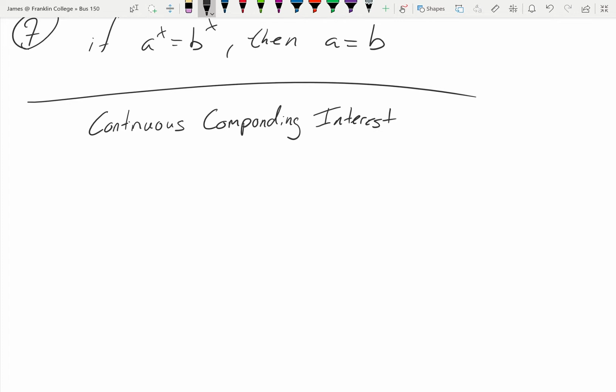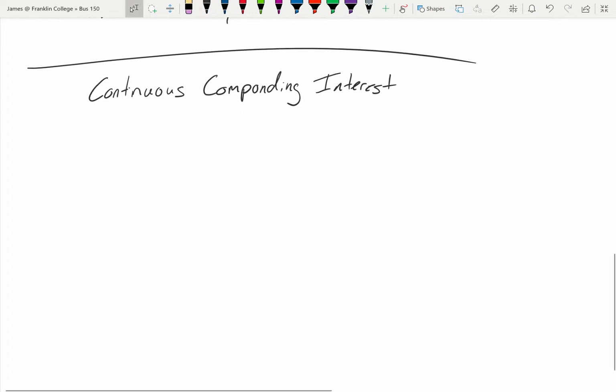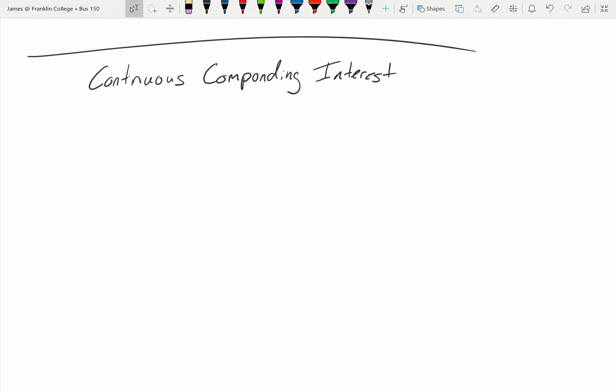So this is a situation where we put money into the bank, and maybe into an account, and that account is going to accrue interest over time, and over time the interest that was accrued in previous time periods is going to accrue interest as well, and we are going to be continuously compounding the interest that we're earning. So the equation we're going to be using is A equals P-E-R-T.